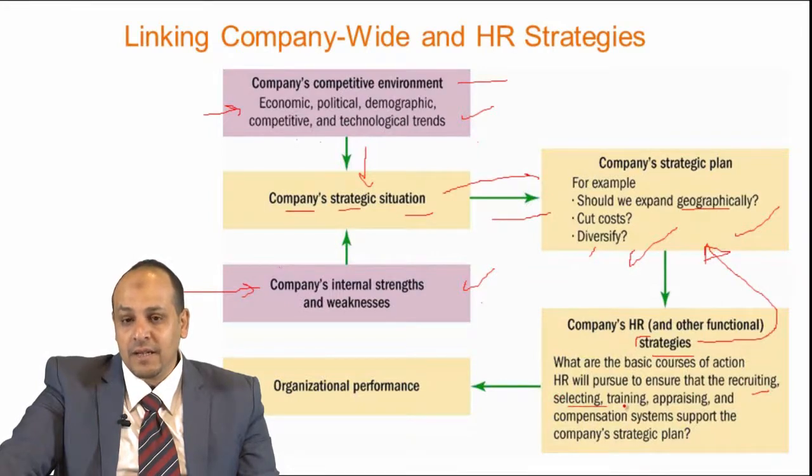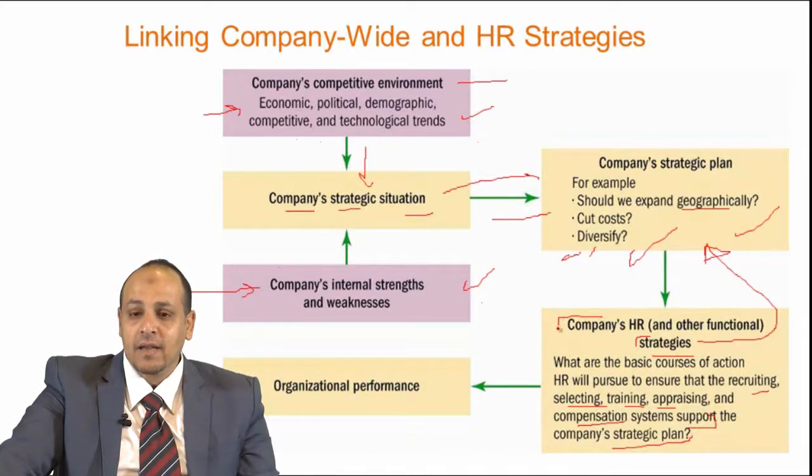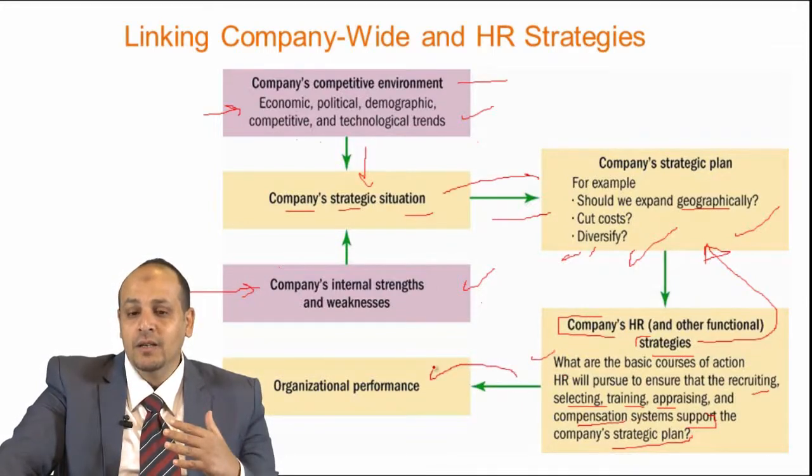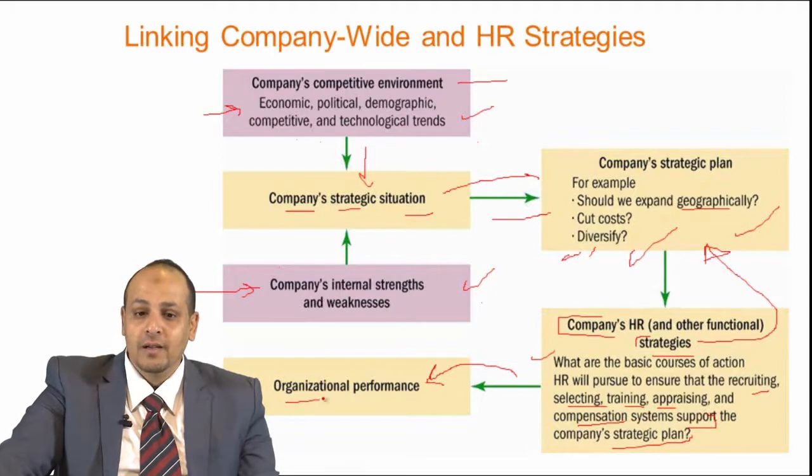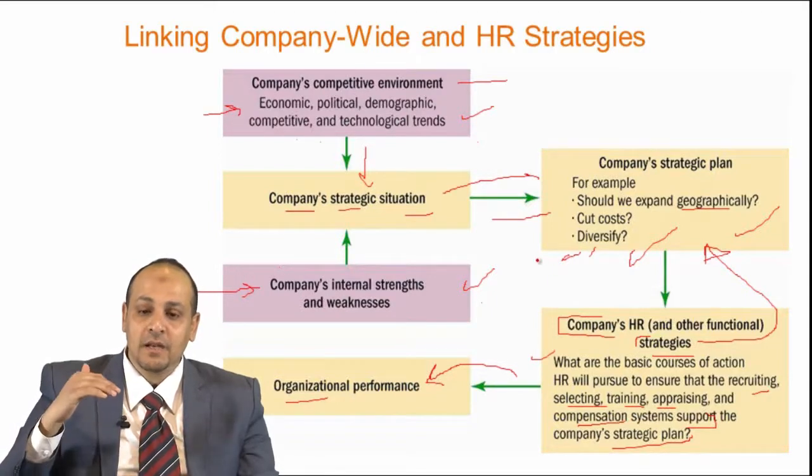Now we have a strategy here that is based on the internal and external study. Now comes the importance of human resource strategy. By this, the human resource management will help the organization and its performance. So the company now can move geographically. Human resource management has its own strategy to support the work. Now we will have a special kind of staff.